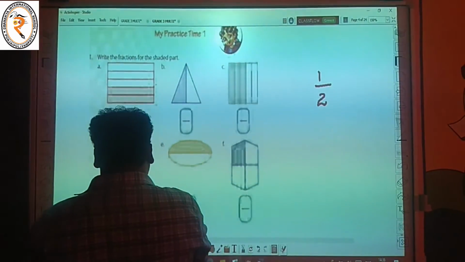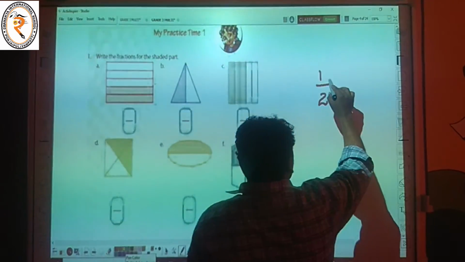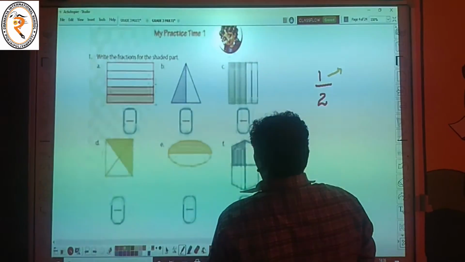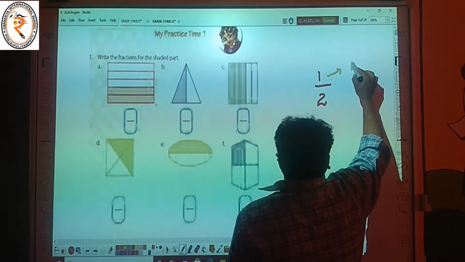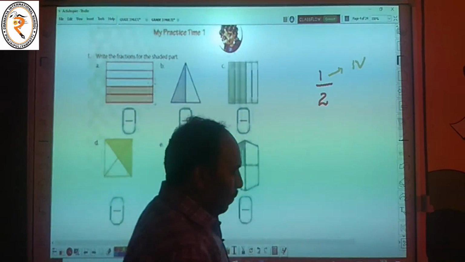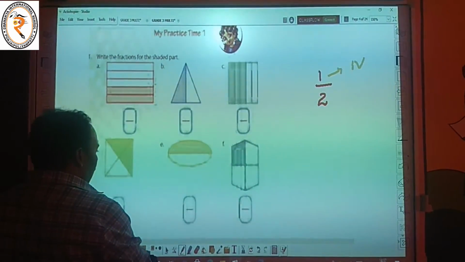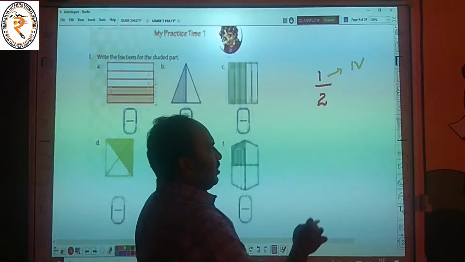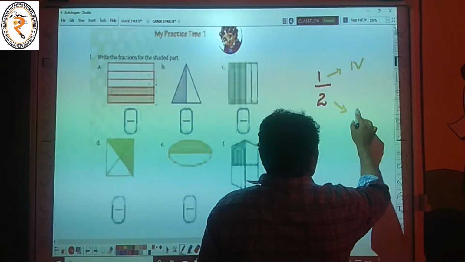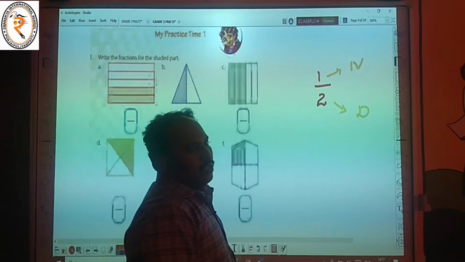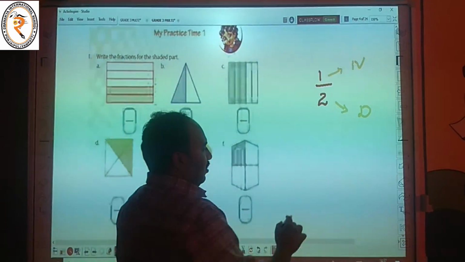Here the number 1 is called numerator. And the number 2 is called denominator.